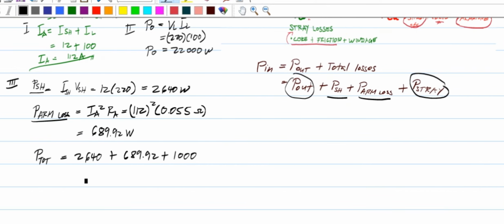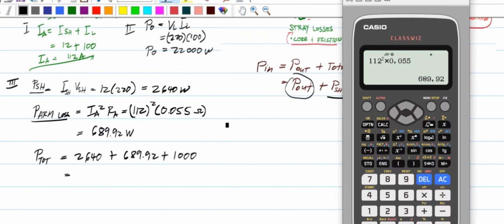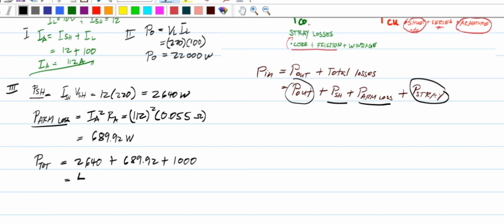Therefore, P total is equal to 4329.92 watts. That is the total losses.